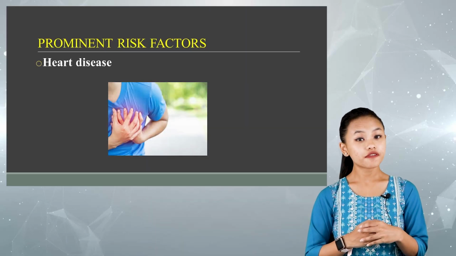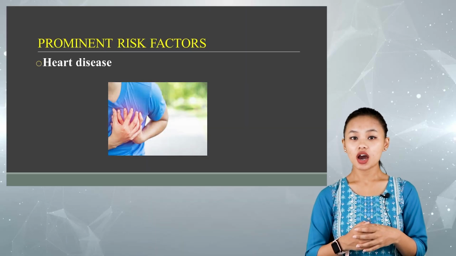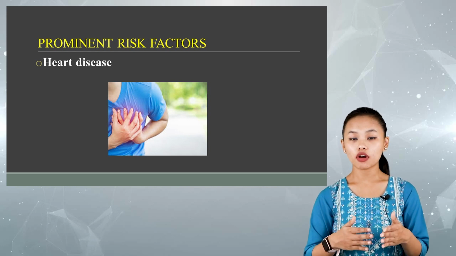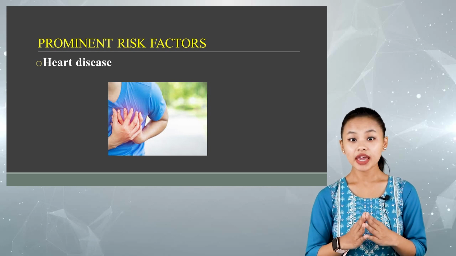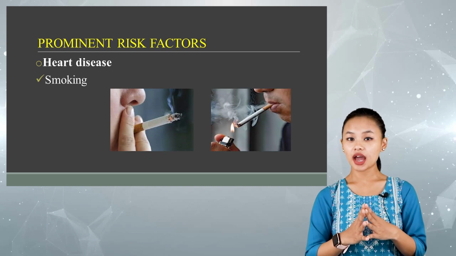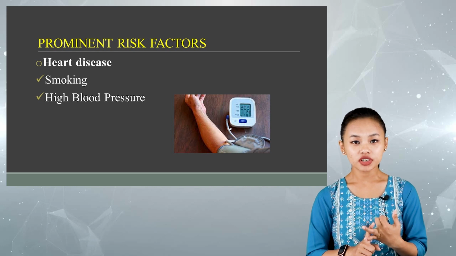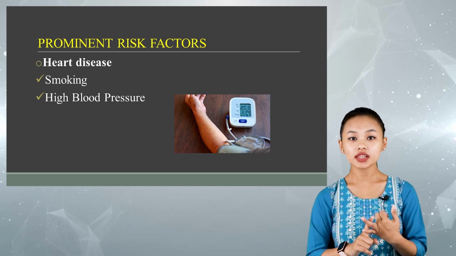In order to get a detailed idea of what this topic is all about, we are going to look at certain conditions along with their prominent risk factors. The first condition is heart disease. A person is at high risk of developing heart disease if he has the habit of smoking, if his blood pressure is higher than the normal level.